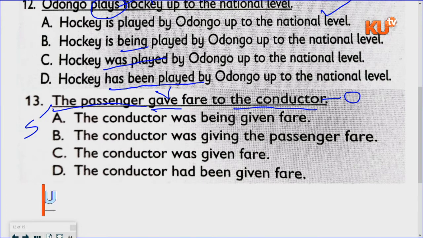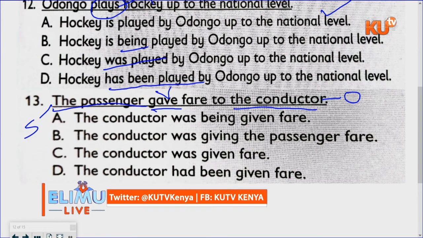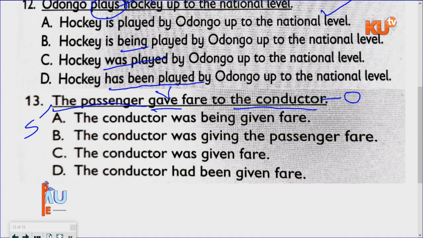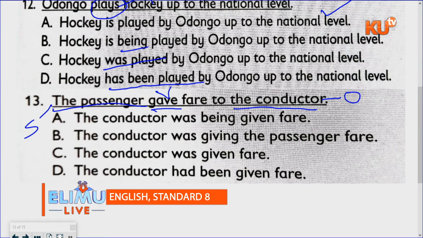And this is a common mistake that our students do in the exam. They change the sentence as to mean that the object is the one who was doing the action. It is not correct. The object will always be the one receiving the action of the subject.